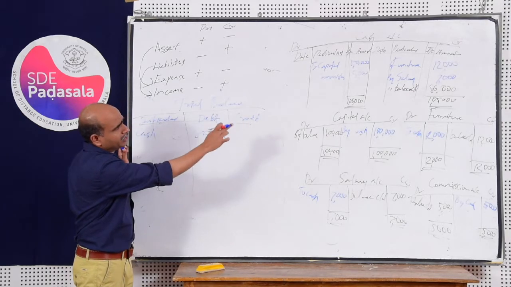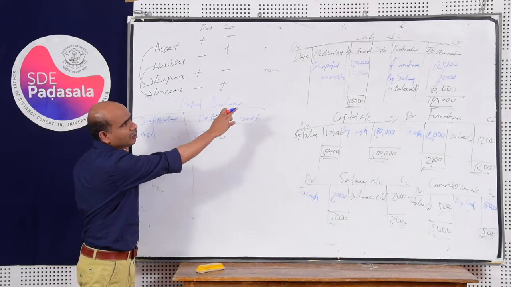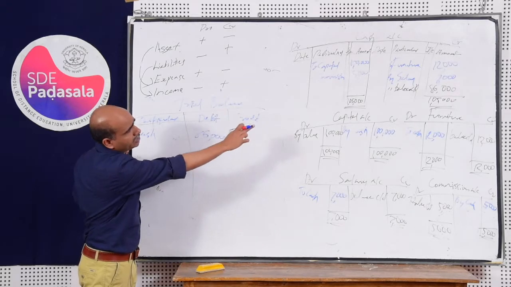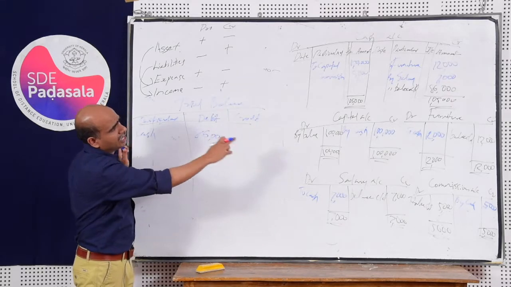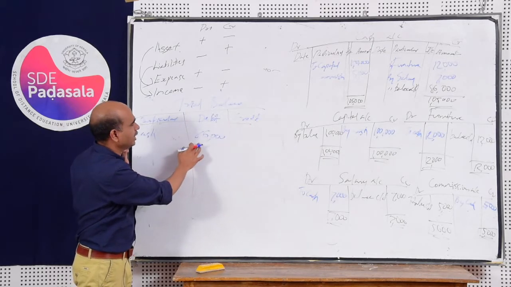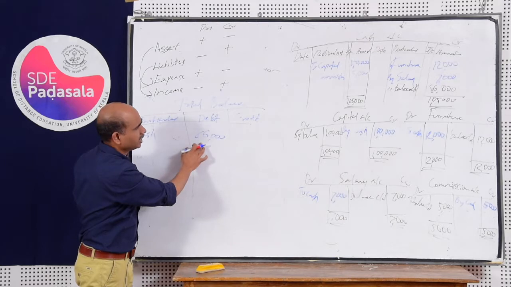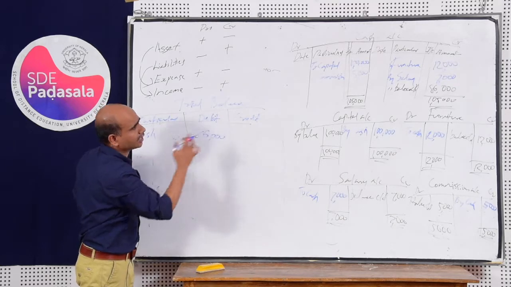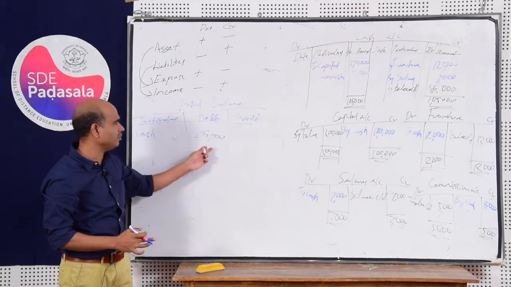The debit side is 86,000 greater than the credit side. So, cash is a debit balance item.